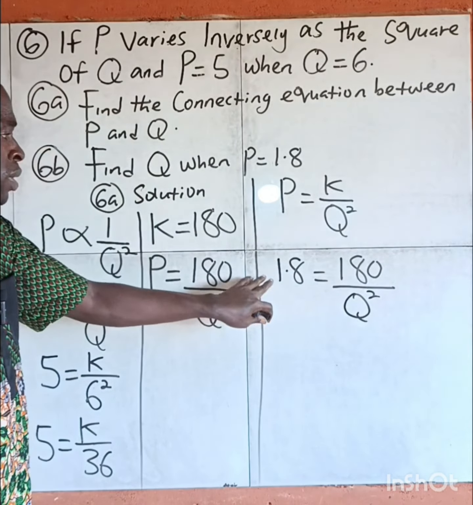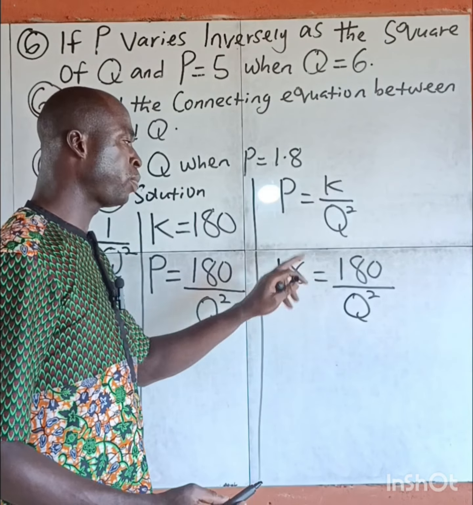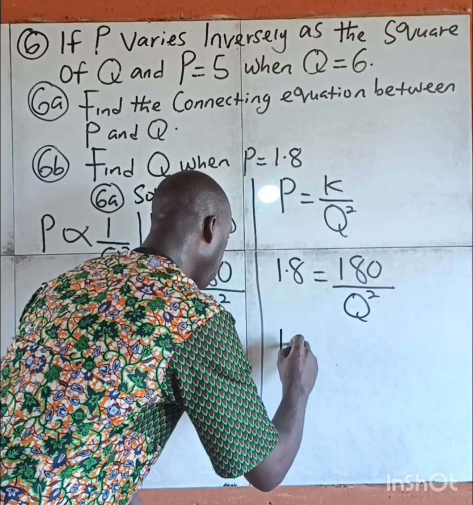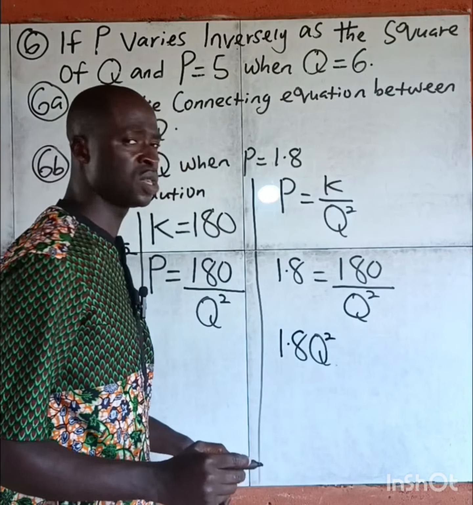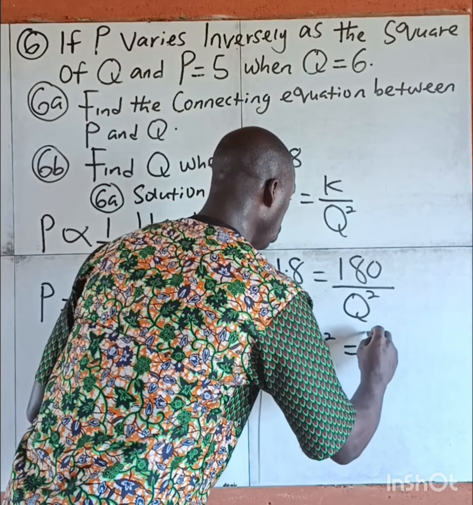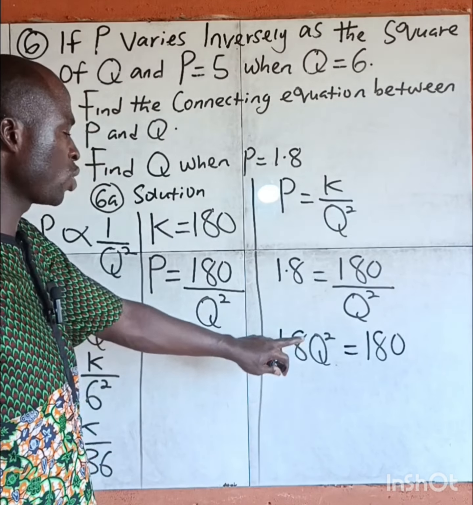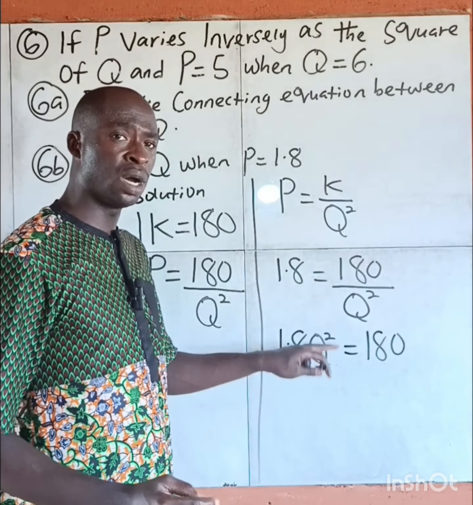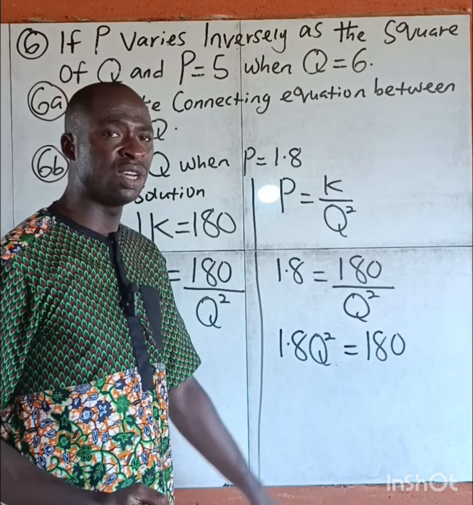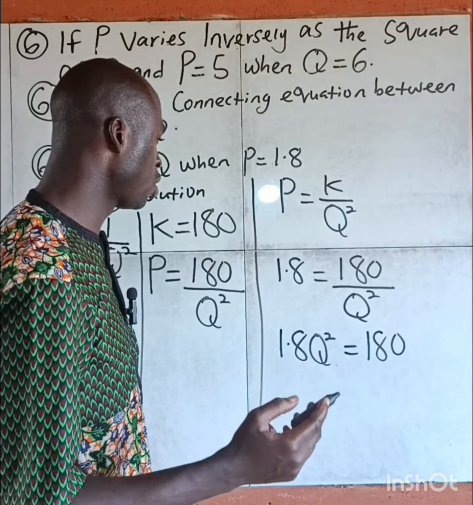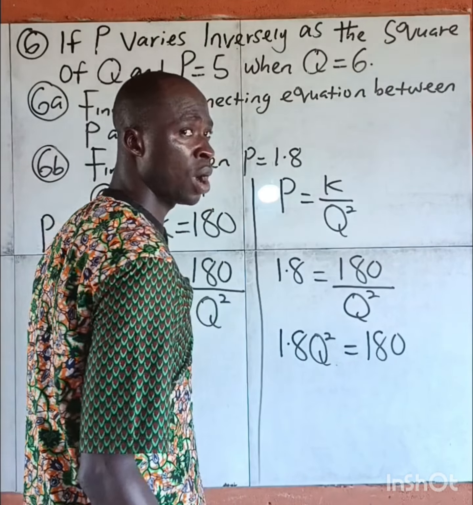Now from this angle, you can also cross multiply. Q squared will multiply 1.8. So I will have 1.8 Q squared equal to 180. Now we are supposed to take the square root of both sides, but there's something common between 1.8 and 180. 1.8 can go into this place, and we'll also reduce here using 1.8.